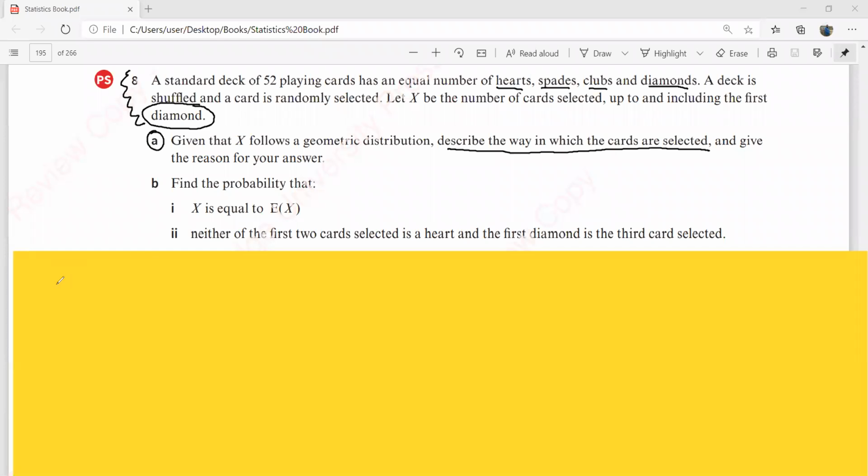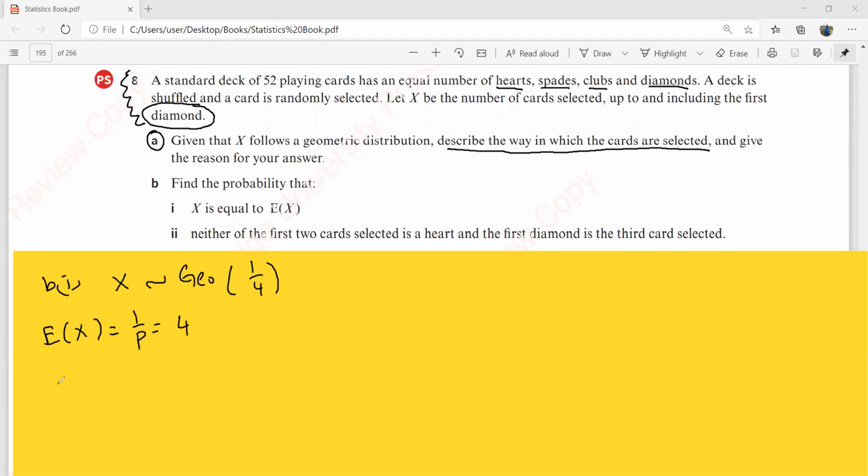So it says in B1 that X is equal to E of X. So let me write it as X is geometrically distributed with this probability of success. Let's first find E of X. You know that E of X is 1 over P. So this is going to be 4. That means it is expected that if you pick the fourth card, that would be the first diamond.